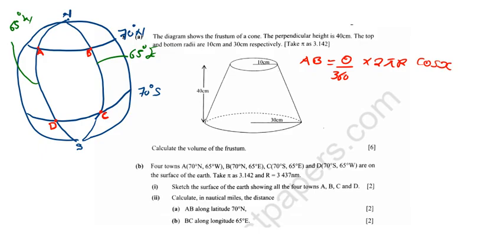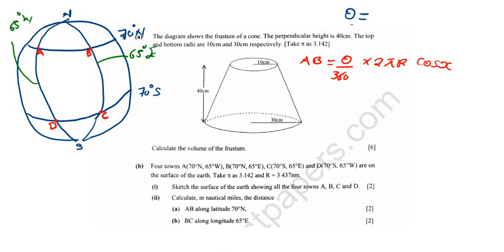So we can find our theta, which is the difference in longitude, because A and B are in the same latitude. B is in longitude 65 and C is in longitude 65. Since they are on different hemispheres, one on the east and one on the west, I'm going to add those two longitudes.